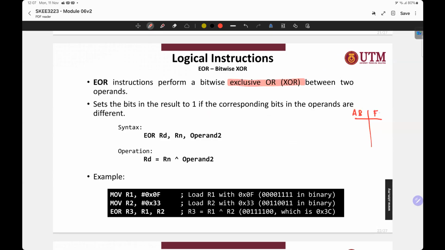The expression for exclusive OR is something like this: F equals A exclusive OR B, equivalent to A B bar plus A bar B. This is the logical expression, with inputs 0 0, 0 1, 1 0, 1 1.